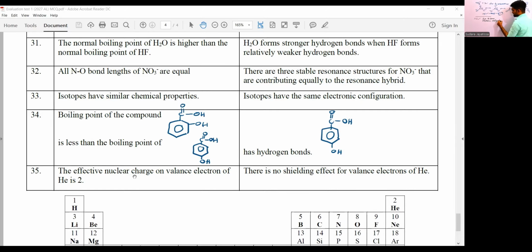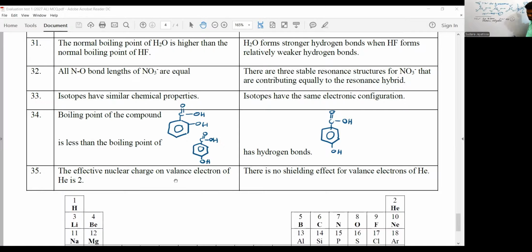Due to the same electronic configuration, they are having identical properties. And the second one is also correct, and explains the first one. So the answer is going to be answer 1, for question 33.